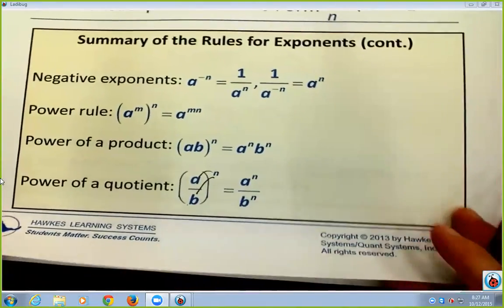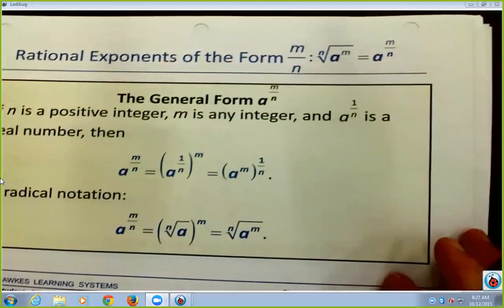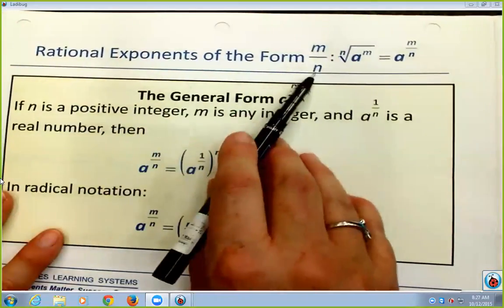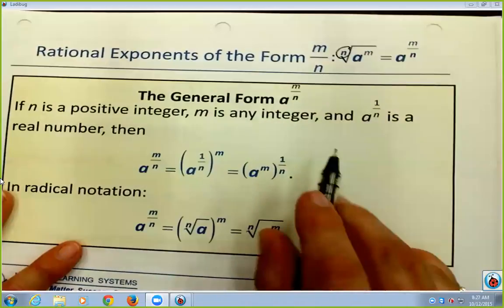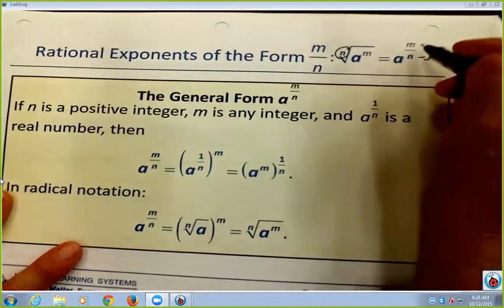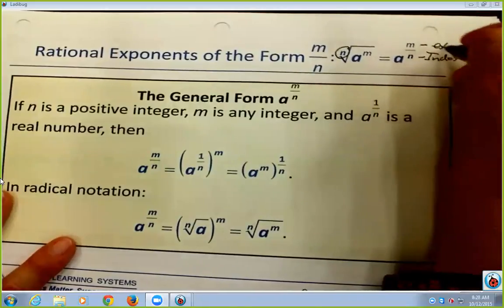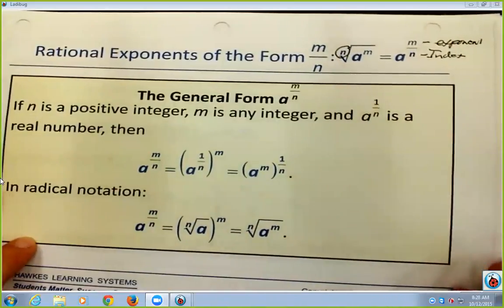And so you come up with those. And so we're going to take these rules and we're going to work with some other stuff. If you look at the very top up here, rational exponents in the form of m over n. If you look at this, n is still the index. M, we've added now, and m is an exponent that's on whatever your base happens to be.